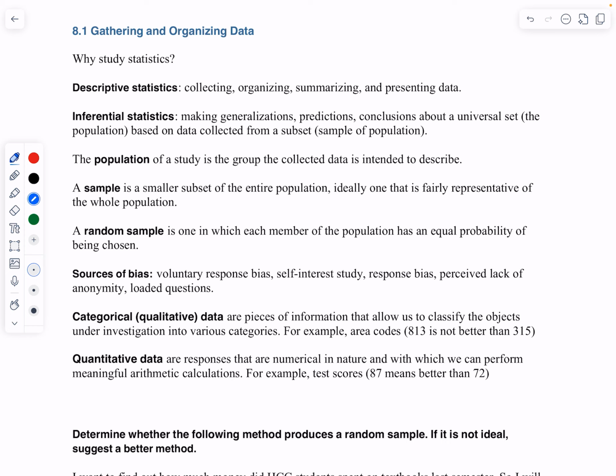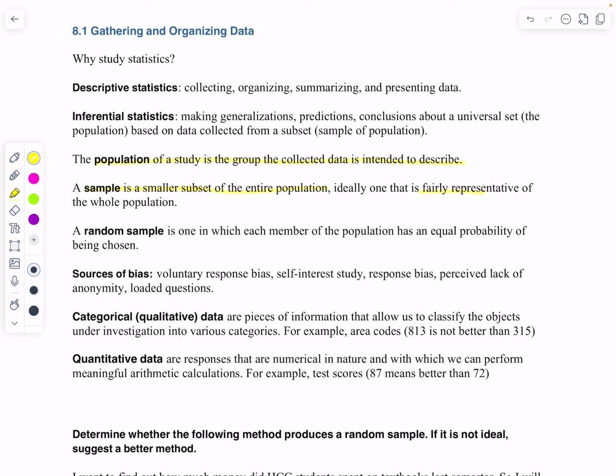So they're making a prediction based off of not the whole entire population, but part of the population that completed the survey. Speaking about population, the population of a study is the group that data is collected from and that the study is intended to describe. So the population is the whole thing, the whole group. A sample is a smaller subset or a smaller portion of the entire population.